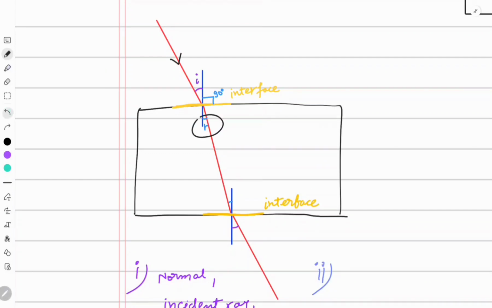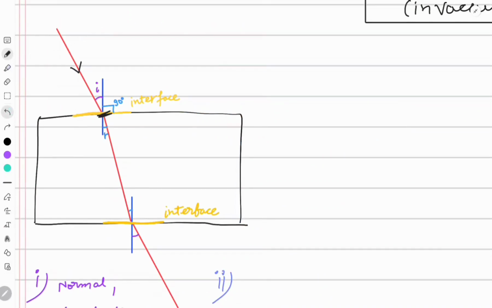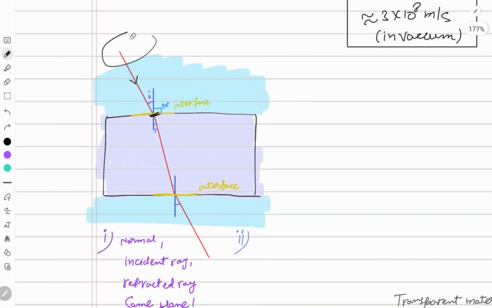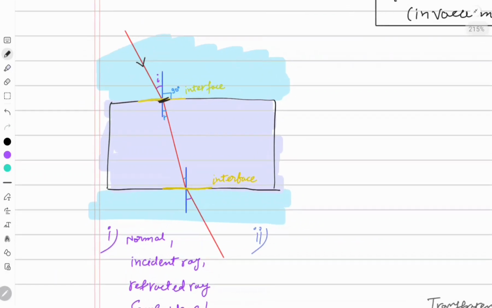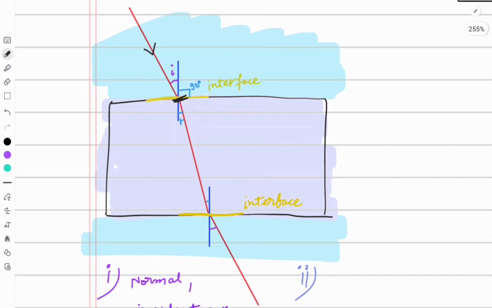We have a pair of media, so basically two mediums. As I said, media is the plural term of medium. Now we have two media.